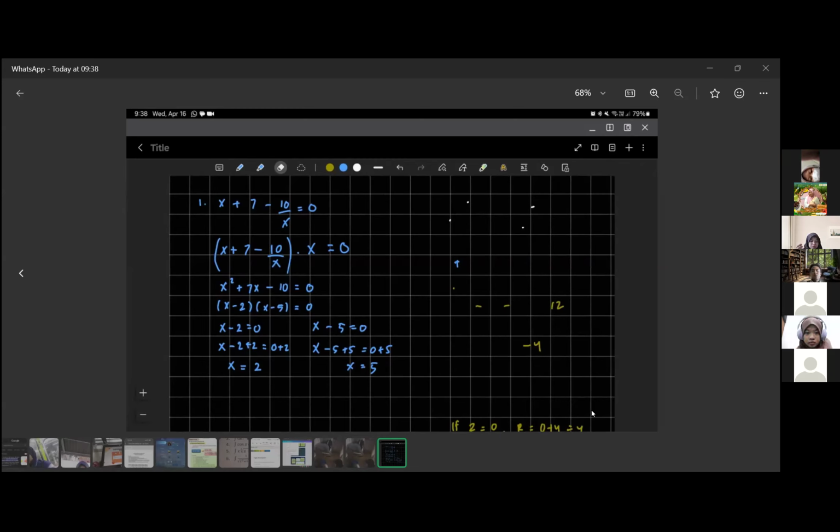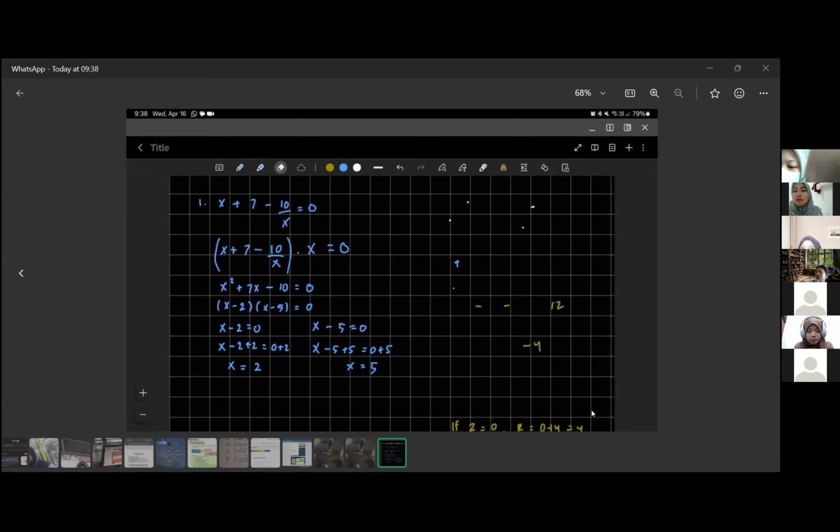And then set its factor equal, and for the quadratic, factor: open bracket x minus 2 close bracket multiplied by open bracket x minus 5 close bracket equals 0.